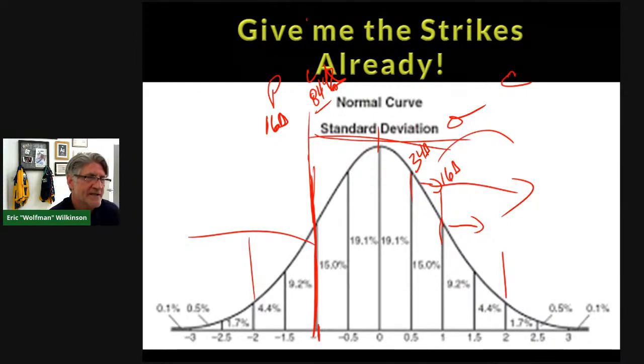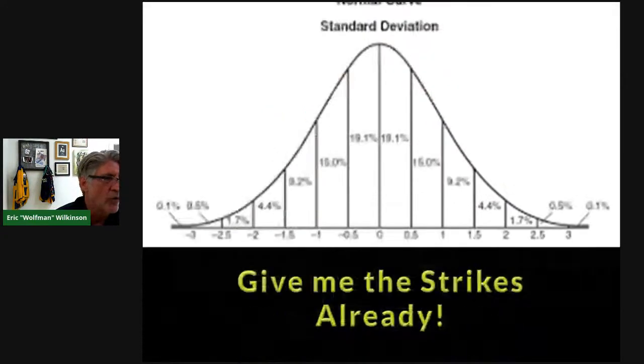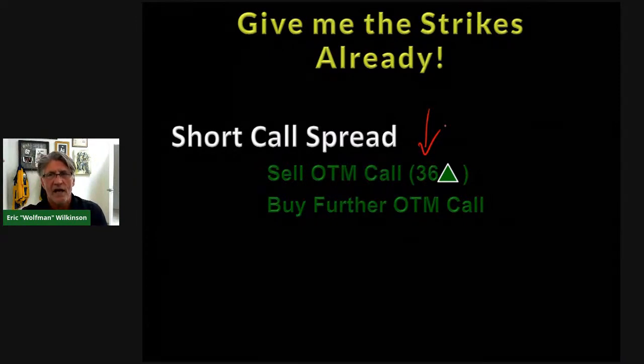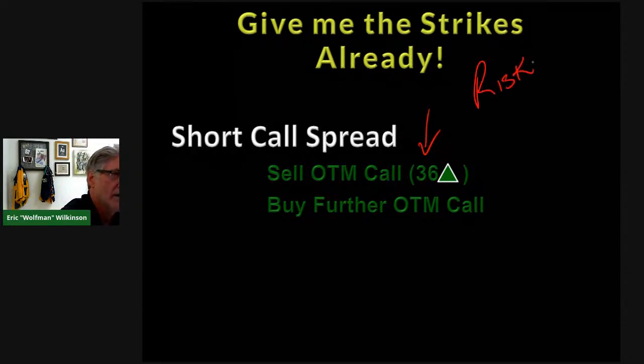So the reason why I say this is in this particular strategy, we could set it up where we want to get at around that 36 delta. That's right around that half standard deviation move to the upside, okay? And we're going to try to build this to where we risk 1 to make 2.